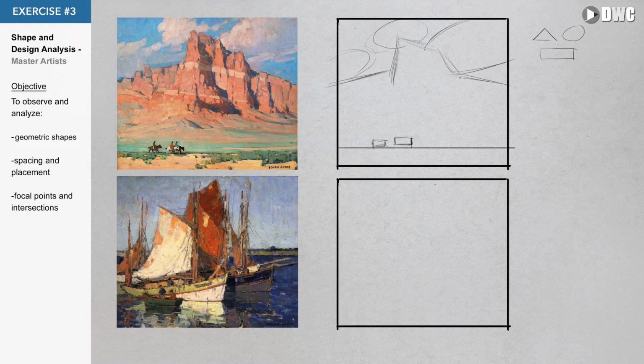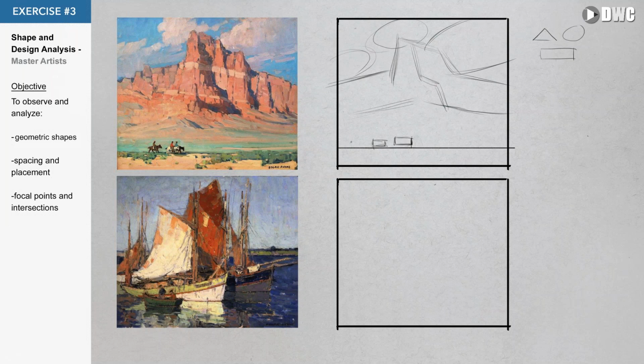the light and dark shapes. So the shadow shape gives us a little bit more detail underneath the mountain, or at the base of the mountain. You have some of these curved, sweeping triangle shapes.